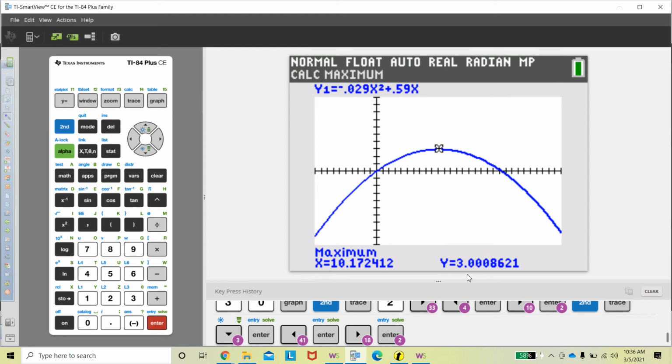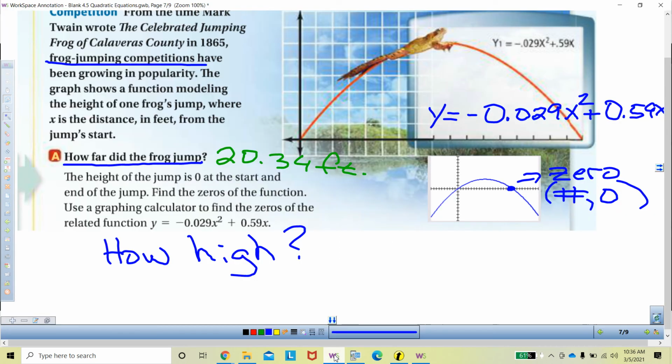Y is how high? 3 feet high. So that means the frog's like that high, 20 feet. It never got above like the chalk tray thing. And it went from the door to the wall. Hard to imagine, right? Again, Michael Jordan of frogs.